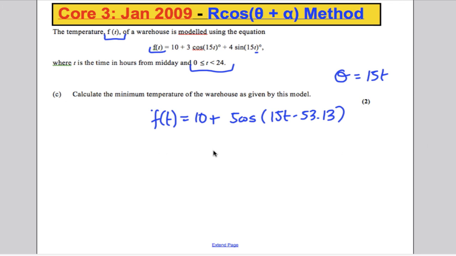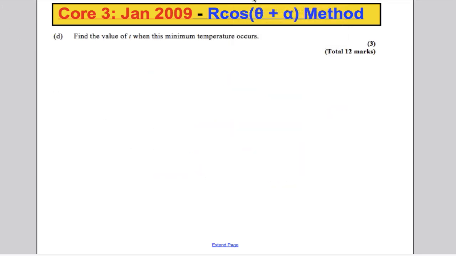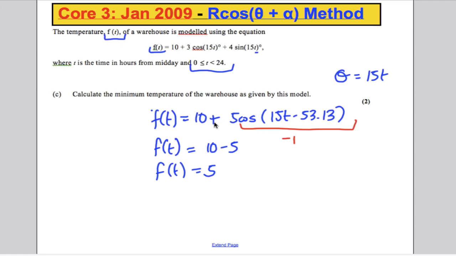Well, the minimum value of f of t, the minimum temperature, would be equal to 10 subtract 5. It's the minimum when this is equal to -1. So the minimum temperature must be 5 degrees. Okay, we're asked to find the minimum value of t where this occurs.